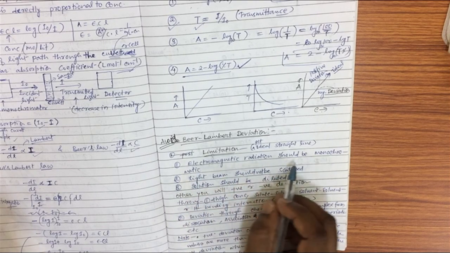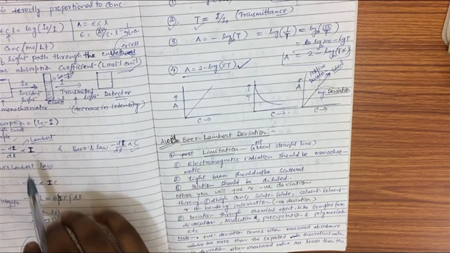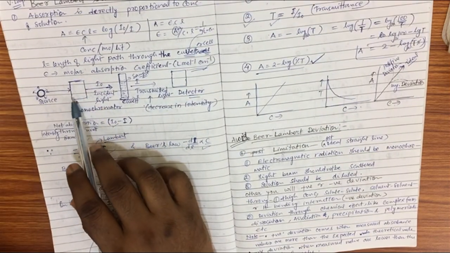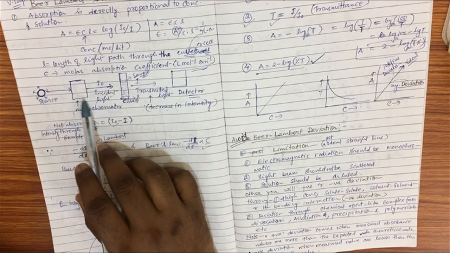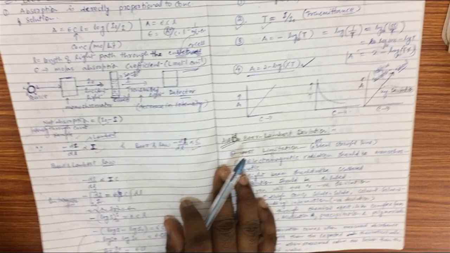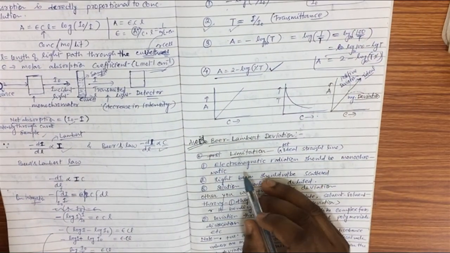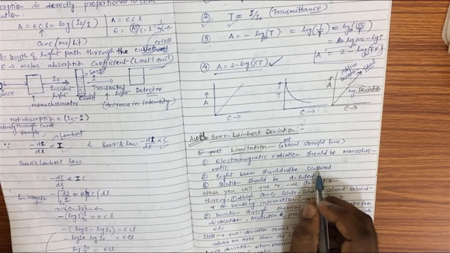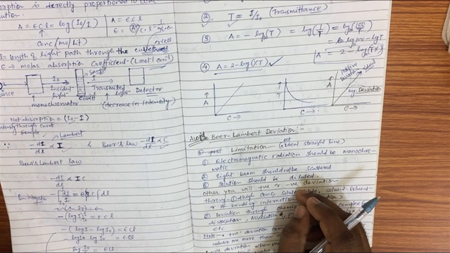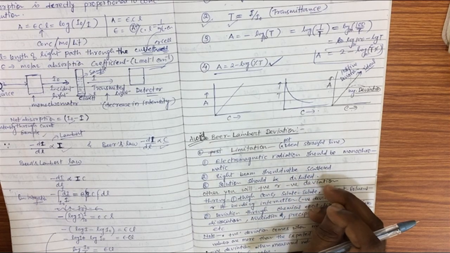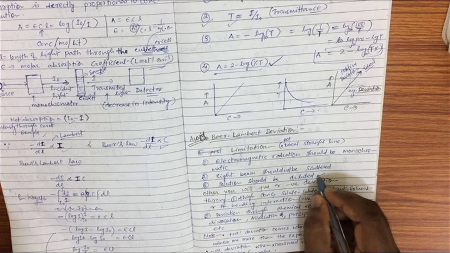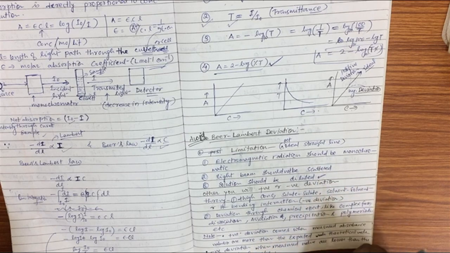The electromagnetic radiation should be monochromatic, meaning the incident light should be monochromatic, the light beam should not be scattered, and the solution should be dilute, not concentrated.